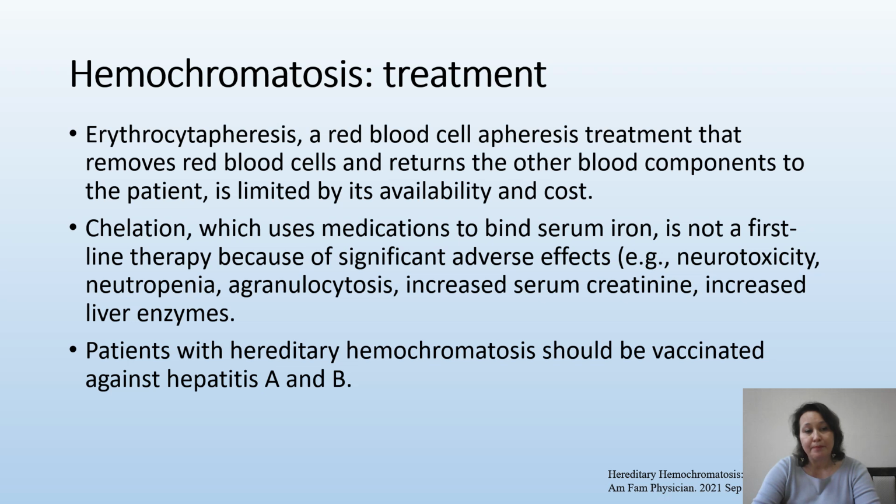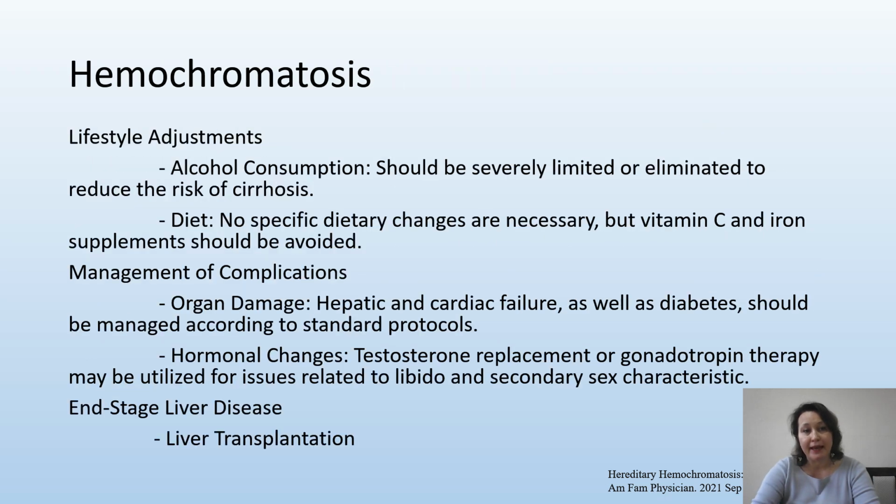It is necessary to note that a patient with hemochromatosis should be vaccinated against hepatitis A and B. The general recommendation for patients with hemochromatosis is lifestyle change like decreasing alcohol consumption. It's a dietary recommendation.